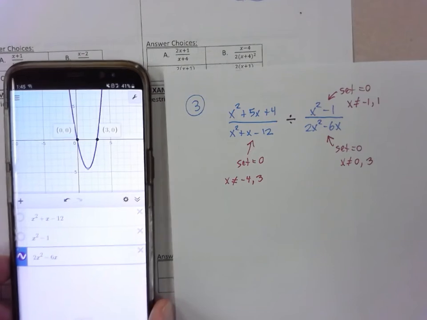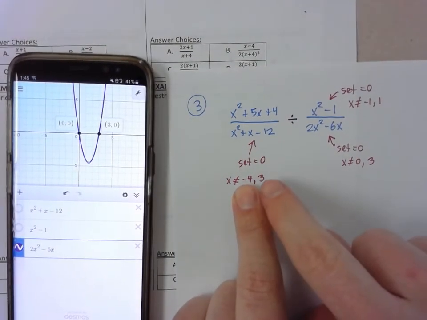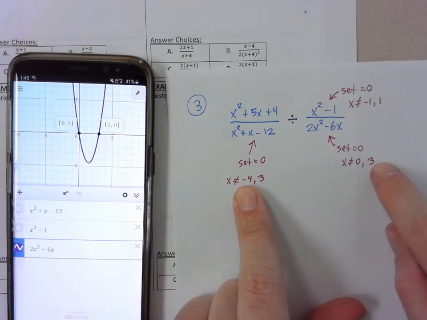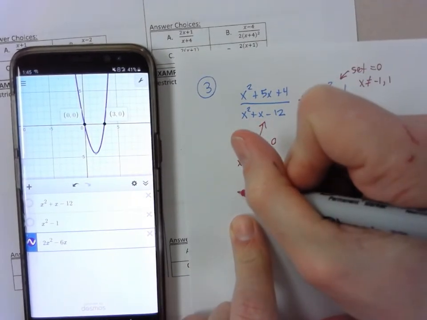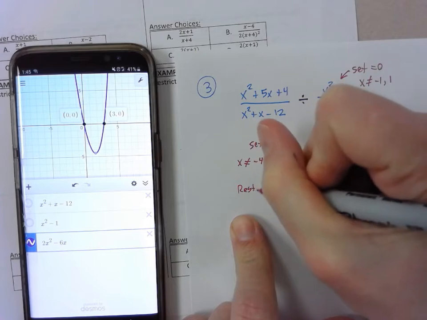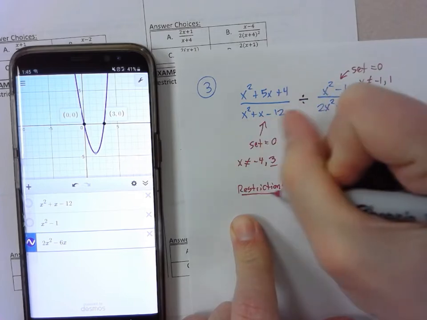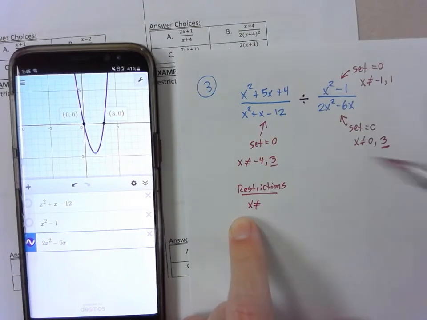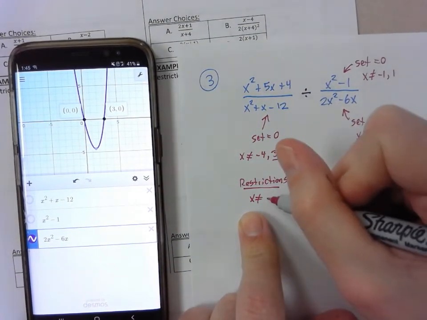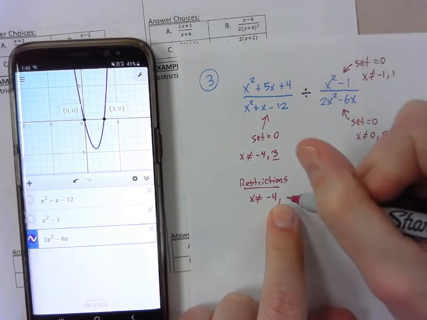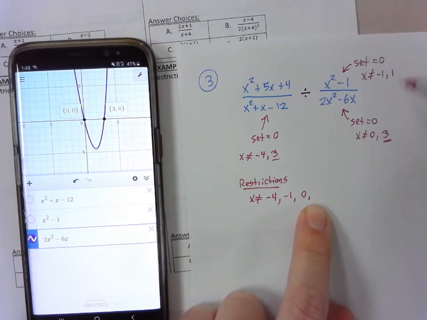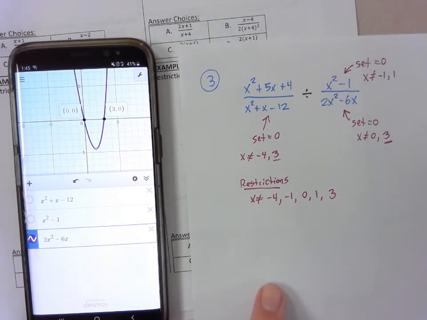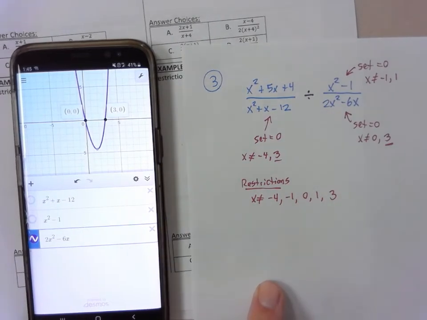So let's look at all of my restrictions. I have -4, +3, 0 and 3. I don't want to repeat it, so 3 is going to be one of them. 0 and -1 and 1. So my restrictions: x cannot equal, and let me go in numerical order, -4, -1, 0, 1, and 3, which means that in this division problem, I cannot plug in these 5 numbers.